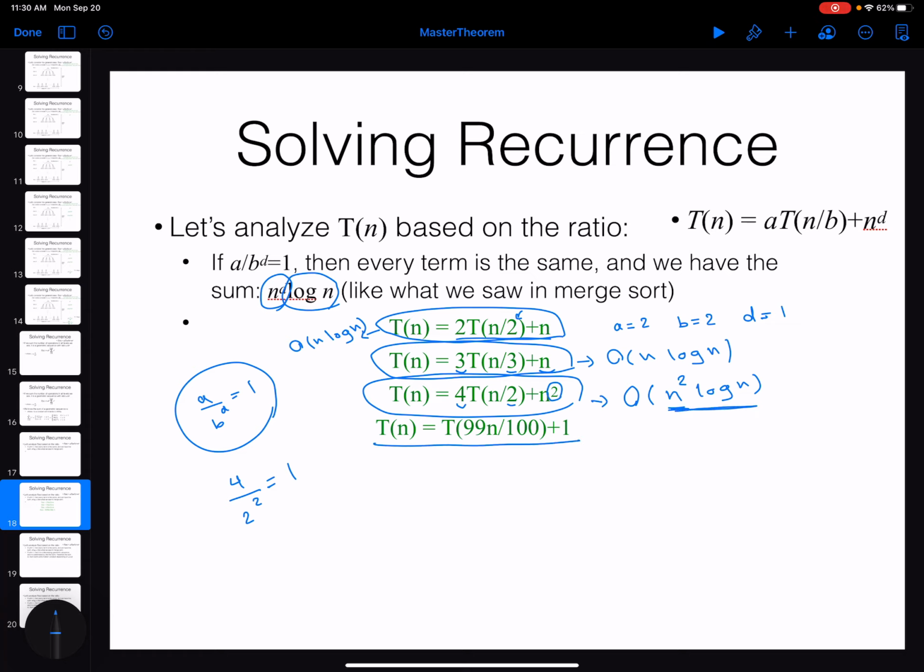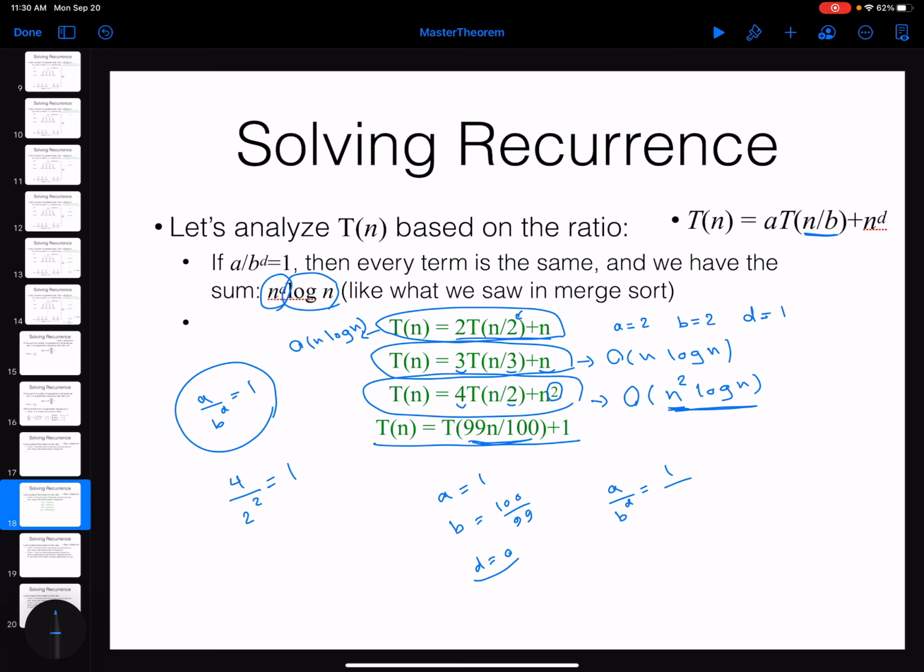How about this relation? It looks more complicated, but it's not. So what is the value of A in this relation? A is equal to 1, B is equal to 100 divided by 99, right? So you have N divided by B. So the value of B is 100 divided by 99, and still B is greater than 1, right? The value of D is 0. So the ratio A divided by B to the power of D will be equal to 1.